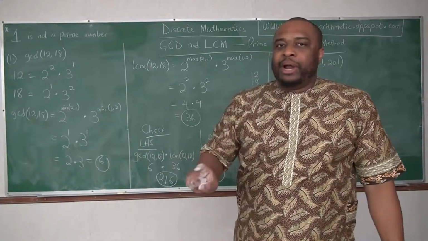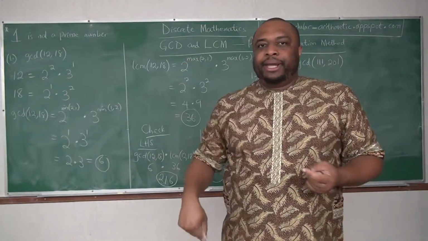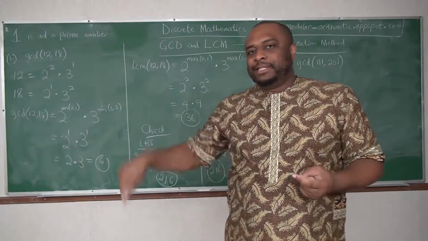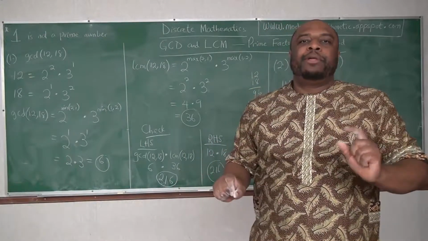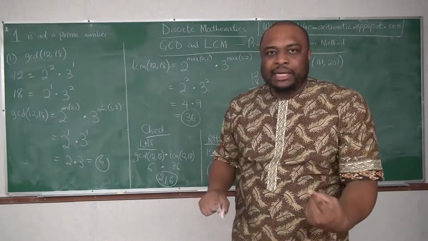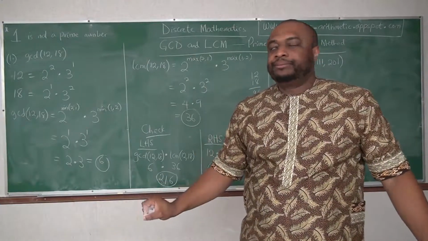Now 9 is not a prime number, because you can divide it by 3, and 9 divided by 3 is 3. So with a prime number, it has to be just that number and 1 only, without a remainder.